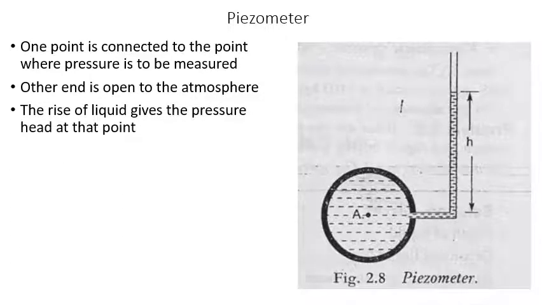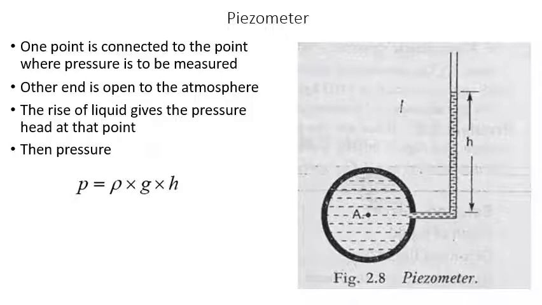The rise of liquid gives the pressure head at that point. Now here we can see the rise of liquid level in the glass tube for the height of h. That shows the rise of liquid due to the pressure head. Then the pressure is calculated by using the expression rho into g into h.